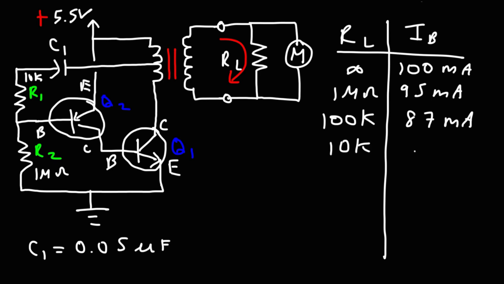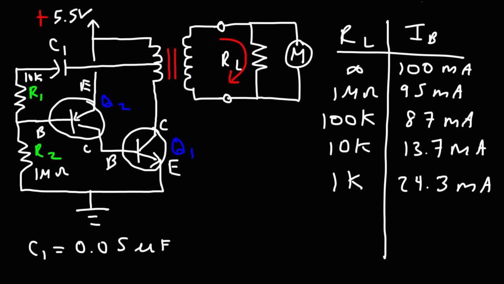Using a 10 kilo ohm resistor, the amount of current drawn from the battery is a lot less. It's 13.7, which is good, because a small amount of current won't damage this particular transistor. It will prevent it from overheating. Now, using a 1 kilo ohm resistor, the current actually went back up to 24.3 milliamps.